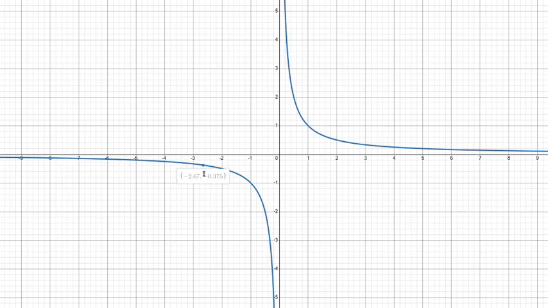So this is always decreasing. Now, of course, we have a discontinuity at x equals 0, but even if we move past x is 0, the function is still decreasing.